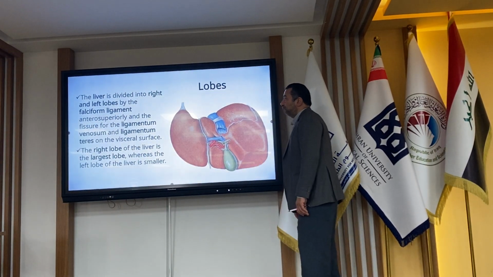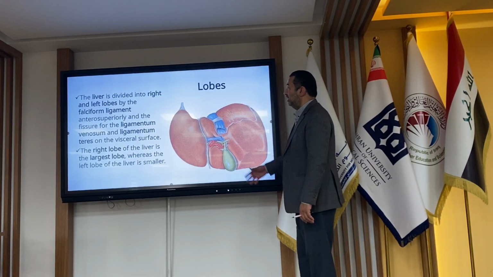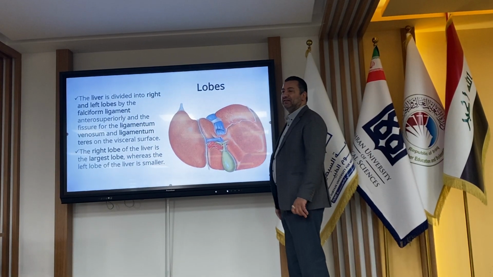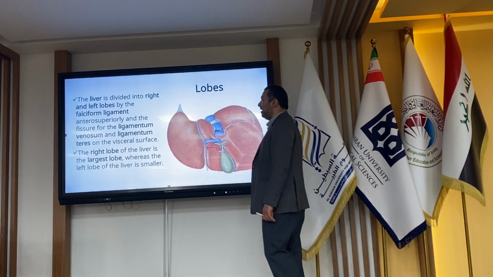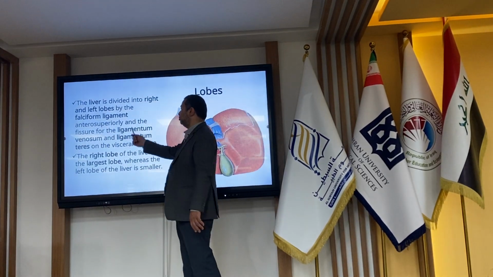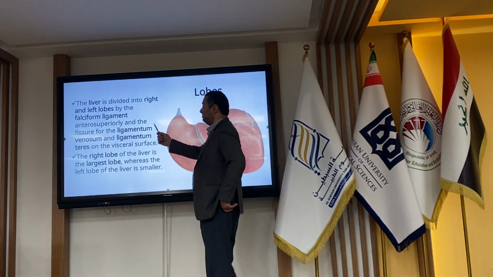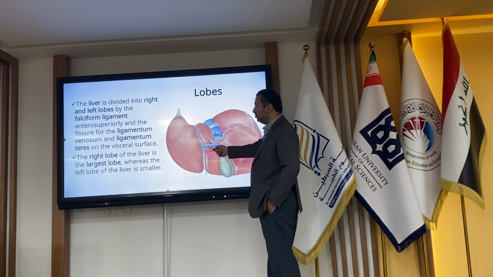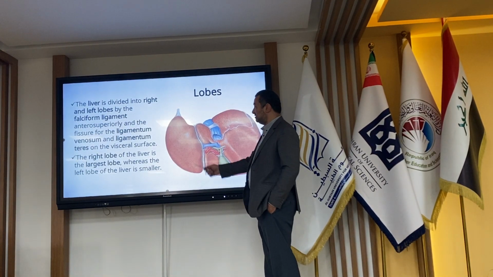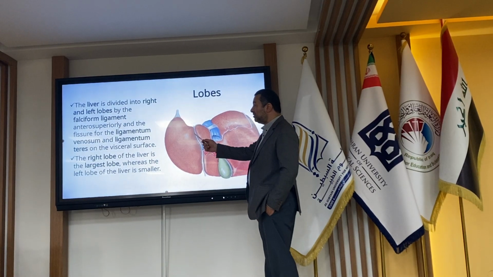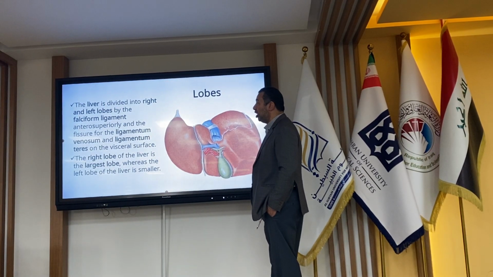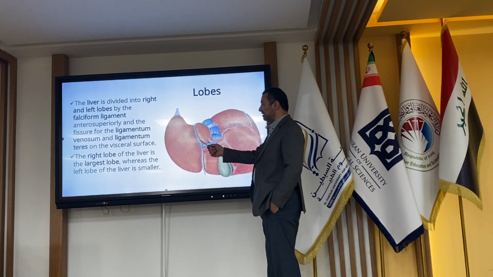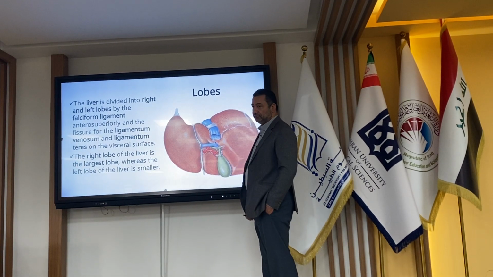Okay. The liver is divided into right and left lobes by the falciform ligament anterosuperiorly and the fissure for the ligamentum venosum and ligamentum teres on the visceral surface. The right lobe of the liver is the largest lobe, whereas the left lobe is smaller.